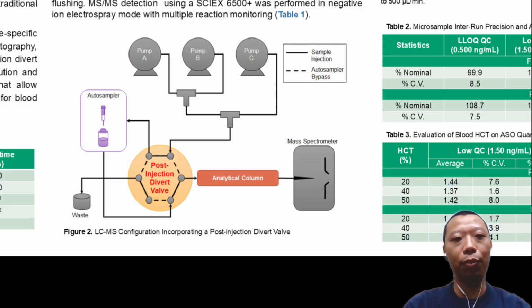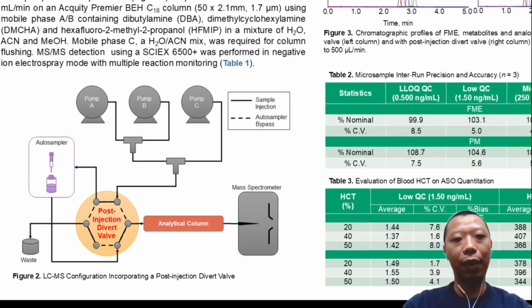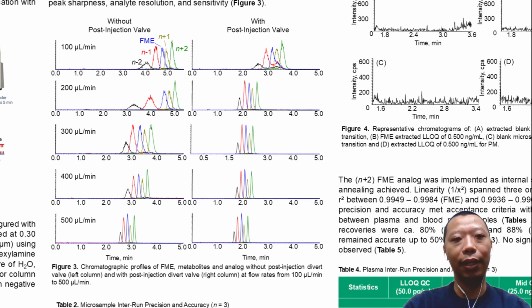This improvement boosted peak sharpness and resolution, resulting in better sensitivity and reproducibility. Figure 3 highlights the improvements in sensitivity and peak sharpness, particularly at a low flow rate, where the conventional method often suffers from poor resolution and signal suppression.